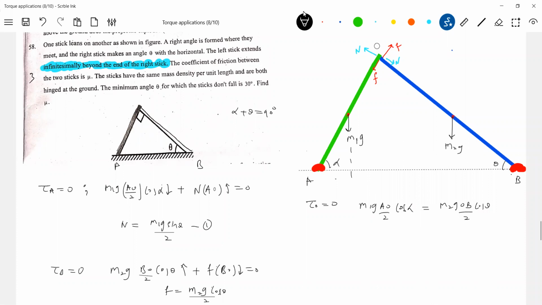So directly I'll write it, M1 AO sin theta equals M2 OB cos theta will come. So therefore M1 by M2 tan theta equal to M2 by M1 OB by OA.